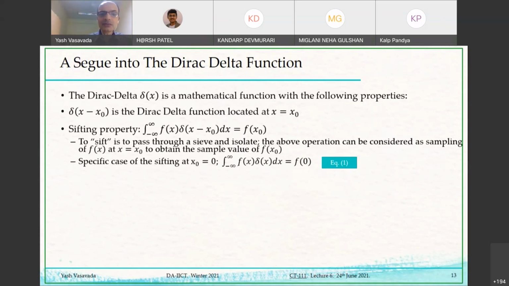Which is to say that if you just multiply f of x with delta of x and integrate from minus infinity to infinity, you get f of 0.